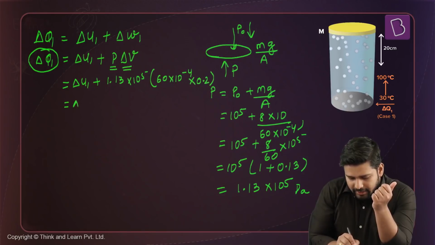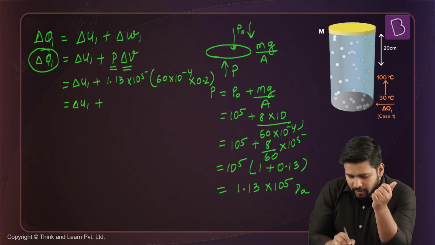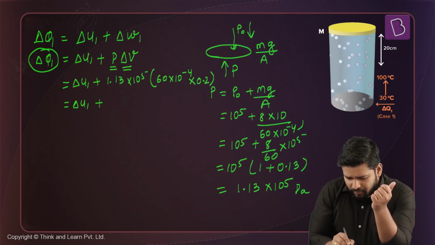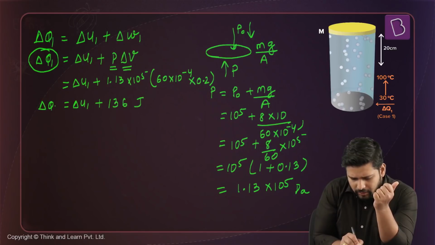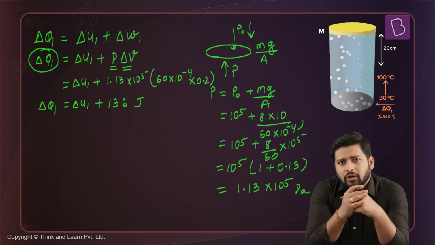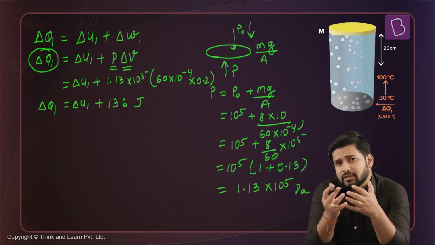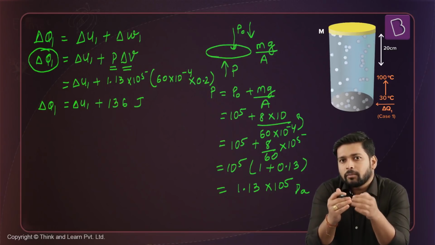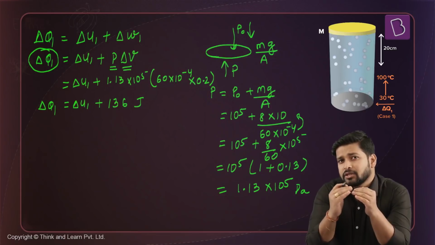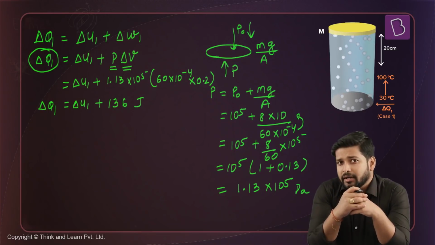So I can write this as delta U1 plus, if you calculate all this, you'll get approximately 136 joules. So that's my Q1. So I have calculated in the first situation how much energy is given to the gas to heat it from a temperature of 30 degrees Celsius to a temperature of 100 degrees Celsius, right?